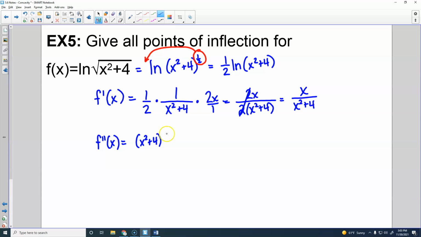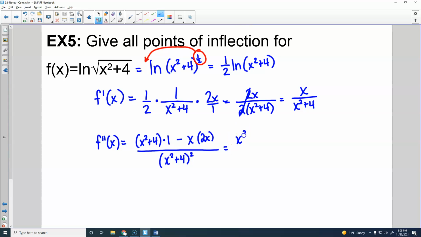X squared plus 4. Okay, times 1 minus. There we go. All over. Good.